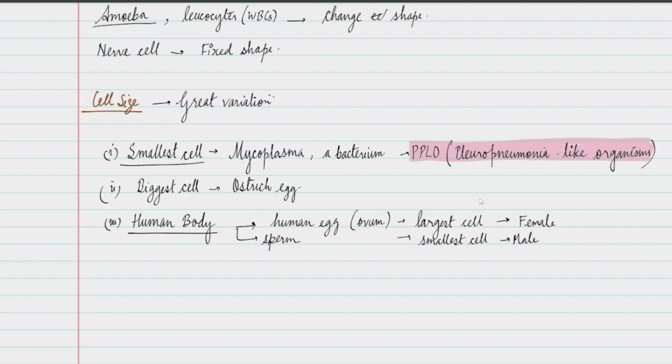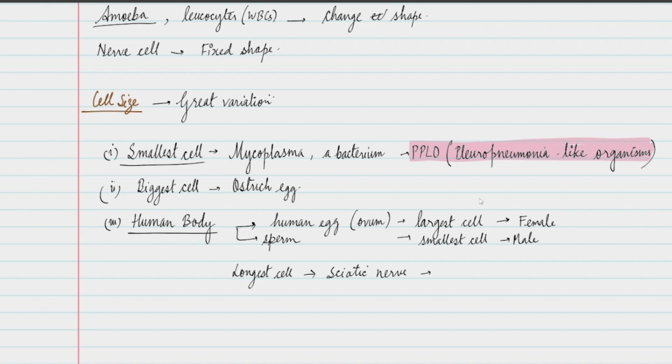And the longest cell is the nerve cell. This is a sciatic nerve. That's the longest cell.